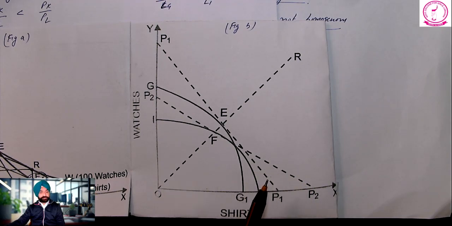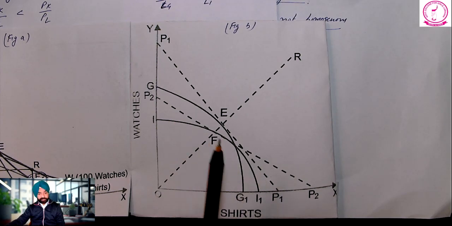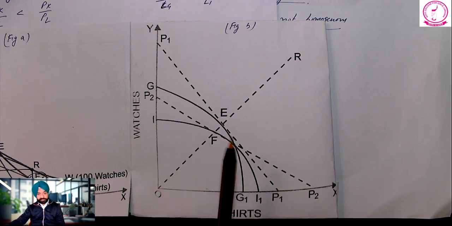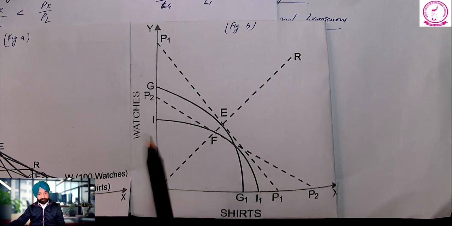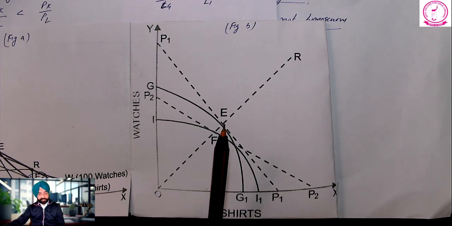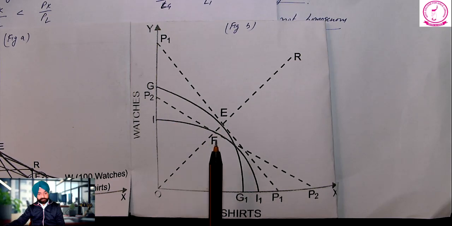Now you can see GG1 at P1 is in equilibrium at E point. So Germany is in equilibrium at this point, and India is in equilibrium at F point. So Germany is more capable of producing watches, and India is more capable of producing shirts. So this E point represents equilibrium for Germany, and I1 represents equilibrium for India.